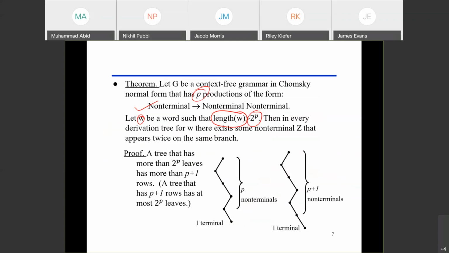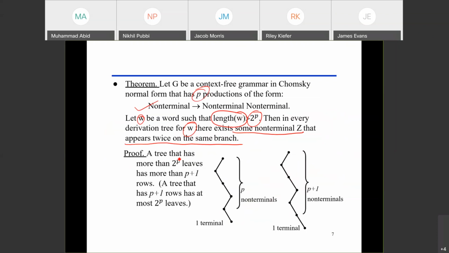Then in every derivation tree for this word, there exists some non-terminal Z that appears twice on the same branch. So there must be some descendant tree there. You must have in that branch somewhere Z and Z. So you repeat some production rule more than one time, and you must have descendant nodes there. What does it mean?